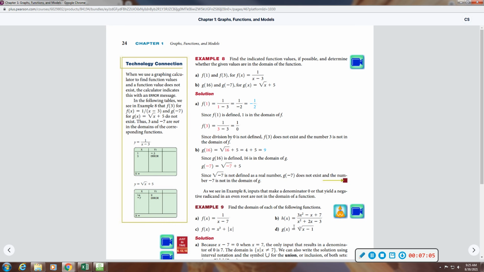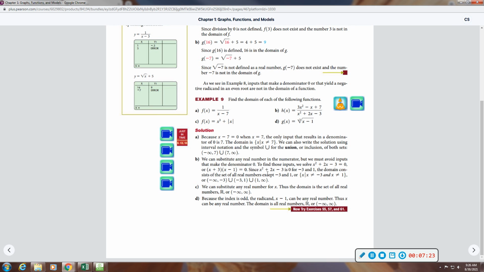However, when you have something like D, a third root, then we can still use any variable because you can have a negative under a cube root, or odd power. So no negatives under an even root, but you can have negatives under an odd root. Then you have solutions explained, and I'll work some out for you in my math lab, but this is just an overview.